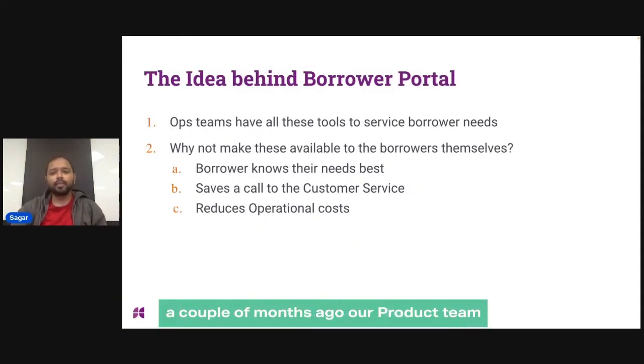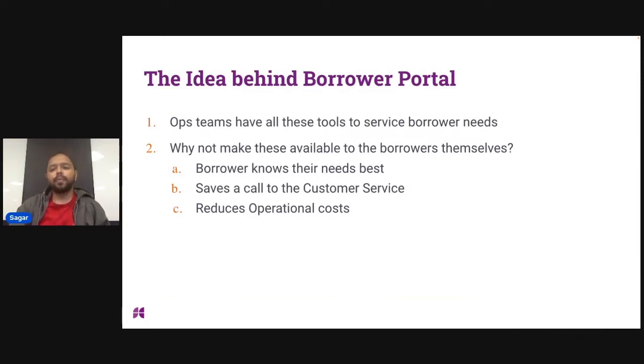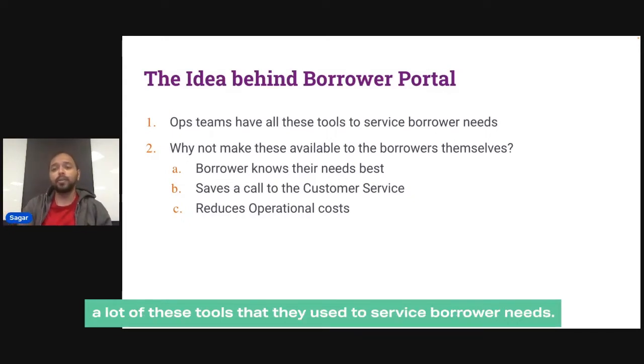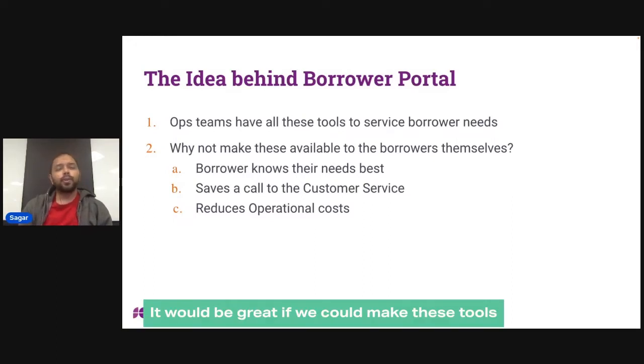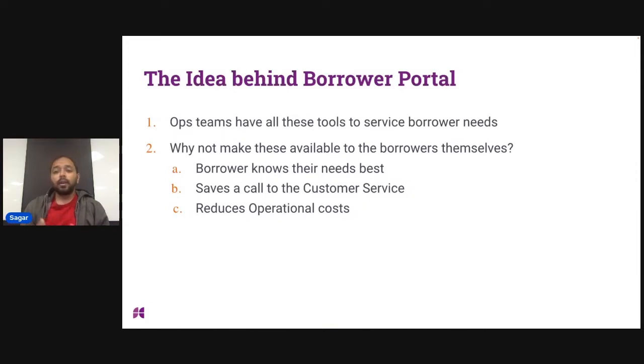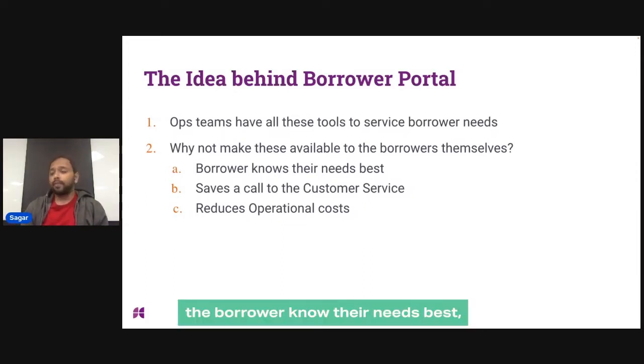So basically, a couple of months ago, our product team came to the realization that our internal ops teams have a lot of tools that they use to service borrower needs. It would be great if we could make these tools available to the borrowers, because the borrower knows their needs best in terms of what tools will work best for them and what it is that they need at this point.